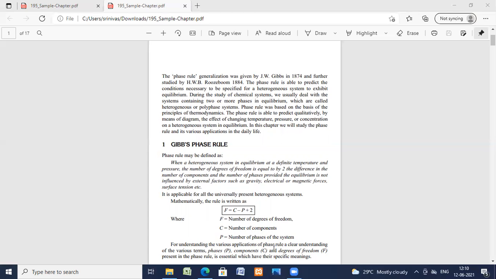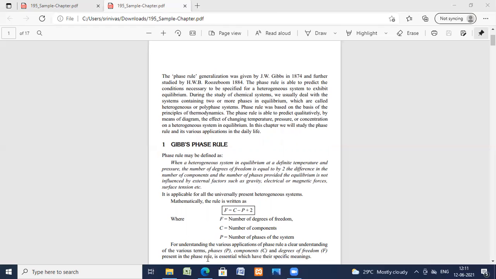For understanding various applications of phase rule, a clear understanding of the various terms present in the phase rule, that is phase P, components C, degrees of freedom F, is essential for us to get the specific meanings.